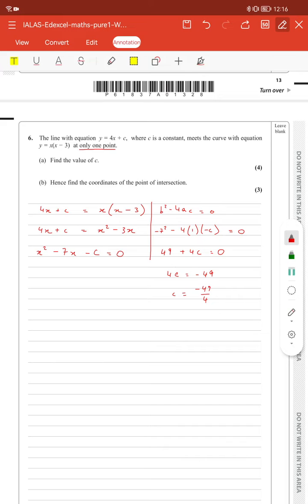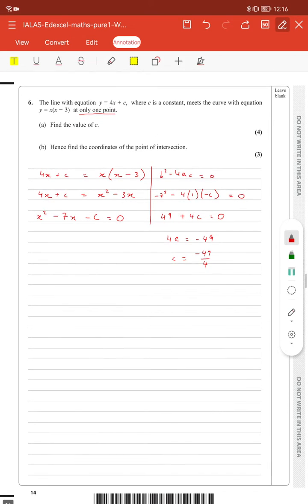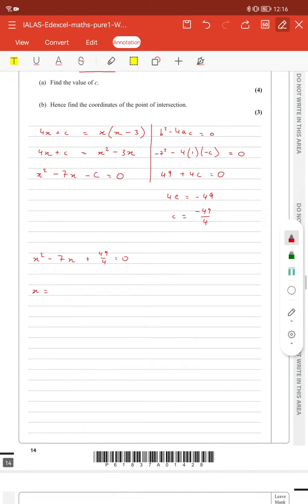And hence find the coordinates of the points of intersection. So now we can just simply put that in. So if we have x squared minus 7x plus 49 over 4 equals 0, we can use our quadratic formula. So x would equal 7 plus or minus, well, we know this is going to be 0, all over 2, which would just be 7 over 2.